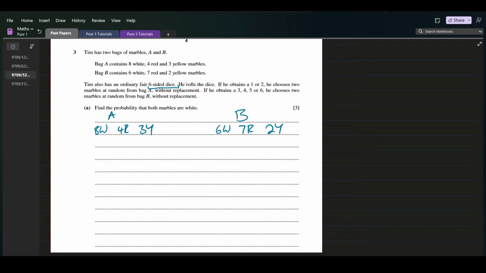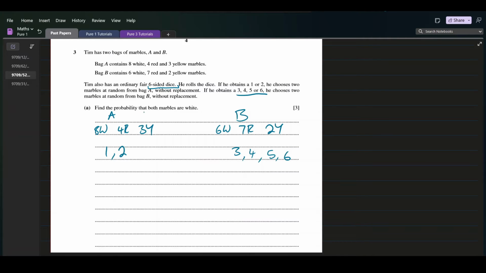This should be die because it's singular. But anyways, Tim rolls the dice. If he obtains a 1 or a 2, he chooses 2 marbles at random from bag A. So if he rolls 1 or 2, he chooses bag A. And then if he rolls a 3, 4, 5, or 6, he chooses bag B.